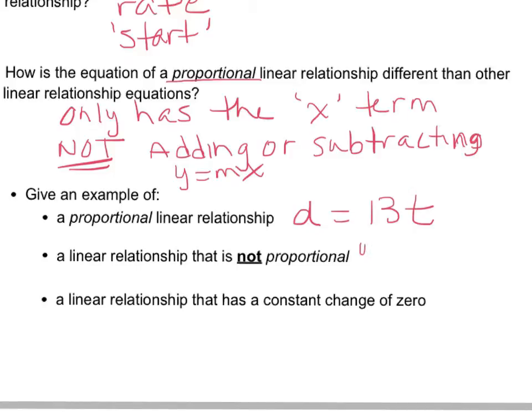So maybe an equation like y equals 4.5x minus 7. And if I have a linear relationship that has a constant change of 0, remember, that's our horizontal line. It's always the same. Maybe it's y equals 10. Remember when we had a pledge amount, $10, no matter how far I walked, y equals 10.